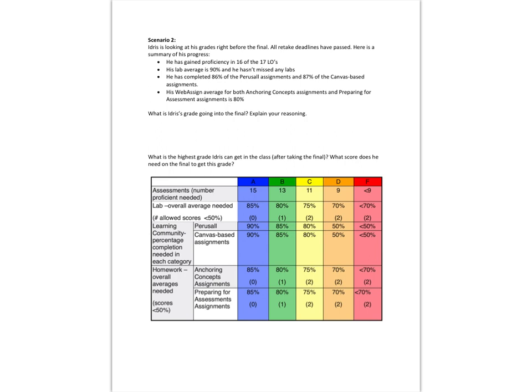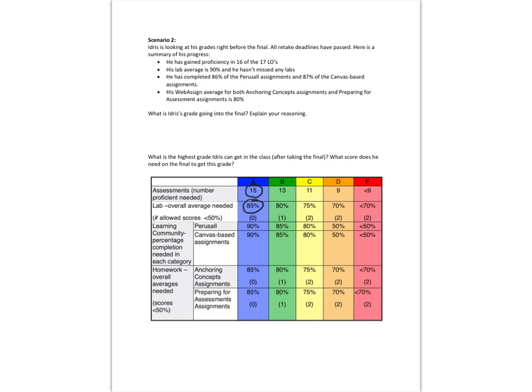So Idris has done pretty well on the LOs. He has 16 out of 17 of the LOs, and so that's where he is starting. His lab average is 90%, and so that puts him at the A level for lab.